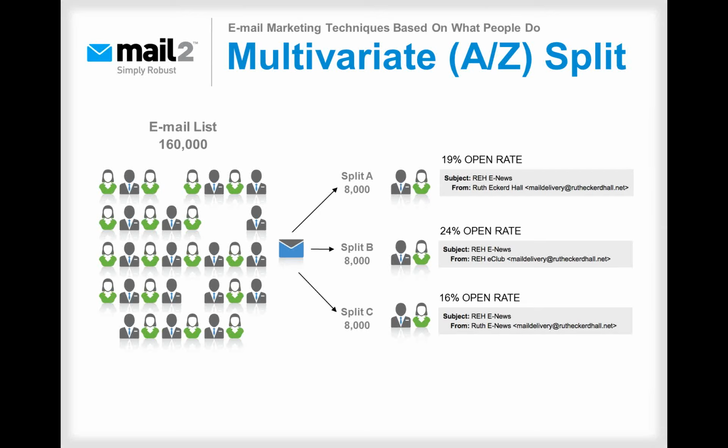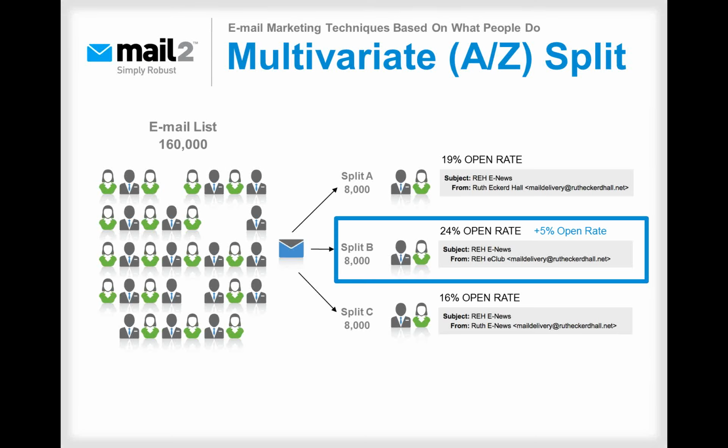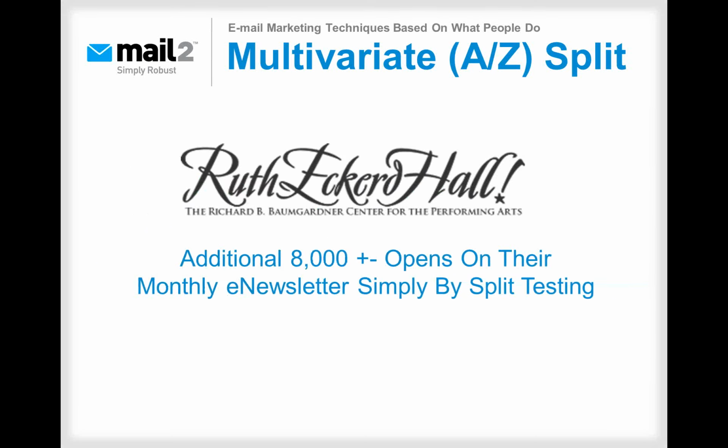But through the course of that test, we found that the REHE Club sender name actually garnered a higher open rate. For some reason, that just struck a chord with the recipients. It was a 5% greater open rate.